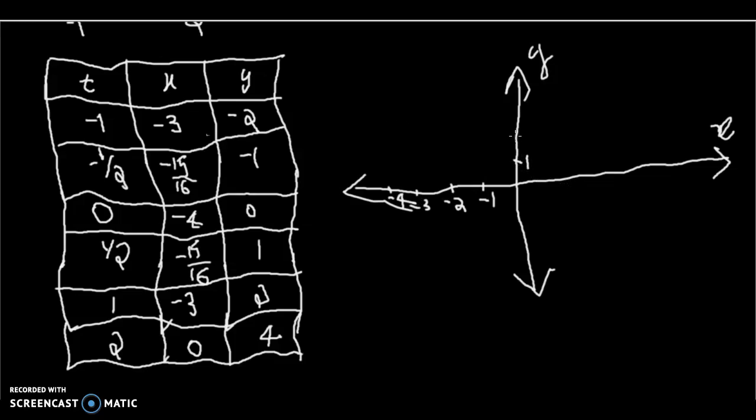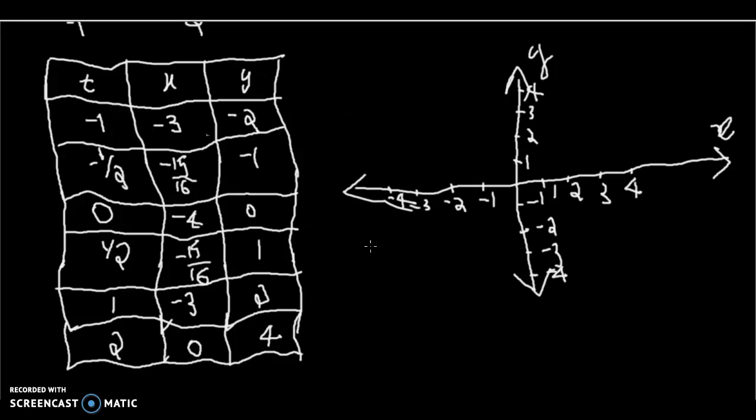Here 1, 2, 3, 4, and on the vertical axis minus 1, minus 2, minus 3, minus 4, and here 1, 2, 3, 4.